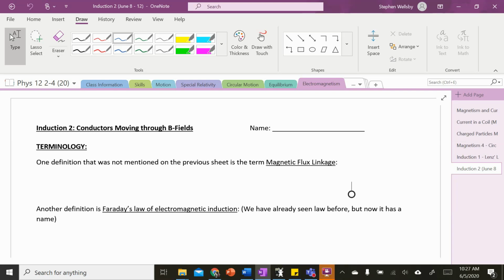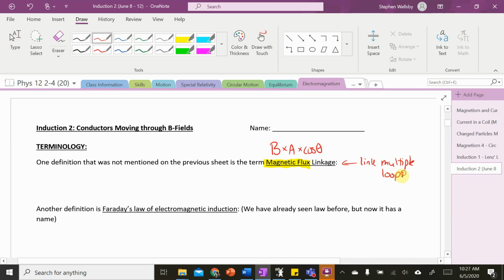So we know magnetic flux. We had a formula for magnetic flux in and of itself, which was B times A times cos theta. So flux linkage is essentially when you are linking together multiple loops.